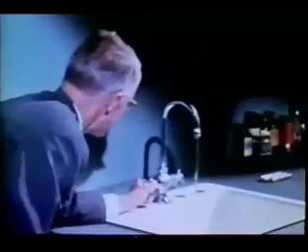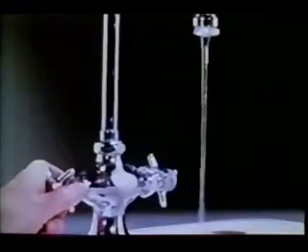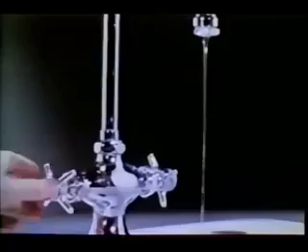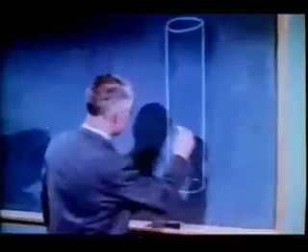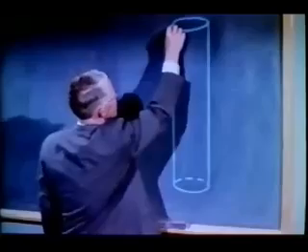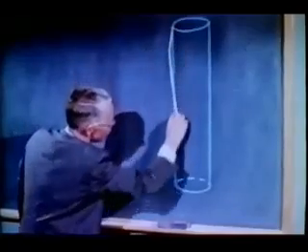Surface forces and the pressures they cause are the controlling factor in the breakup of jets and sheets of liquid. A cylinder of liquid, like this, will always break up into drops. The cylinder will be slightly uneven, and where it is smaller, the radius of curvature will be less, and the pressure higher.